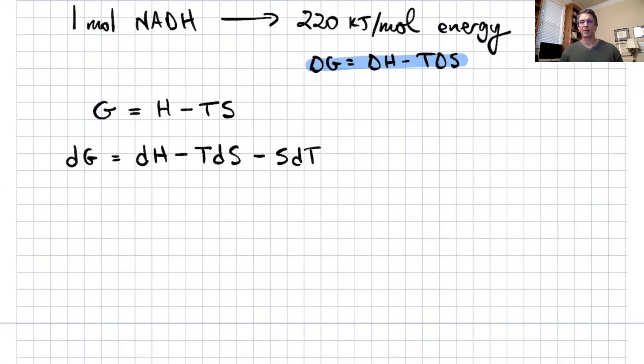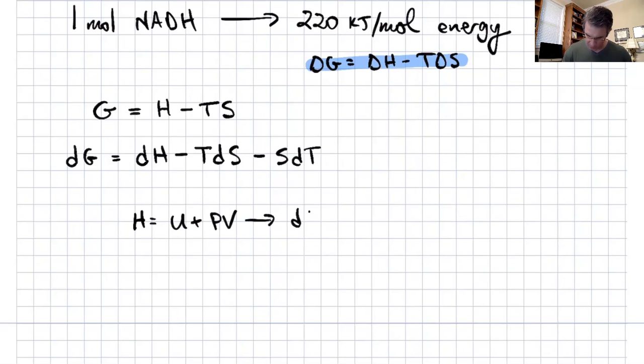Now we can start doing some substitutions. What do you hopefully remember about the definition of enthalpy? That's just the internal energy plus the product of the pressure times the volume. We can differentiate that, and it's a similar sort of thing.